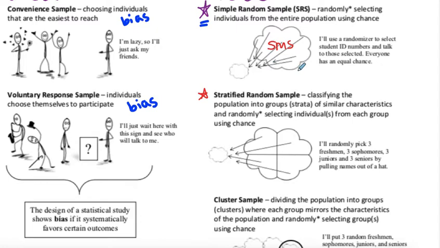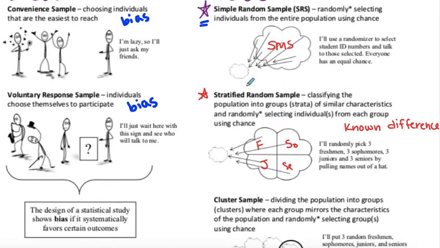So sometimes there is a known difference in our population that we might want to address, like freshmen, sophomores, juniors, and seniors, that we might want to make sure that each one of those groups is represented.